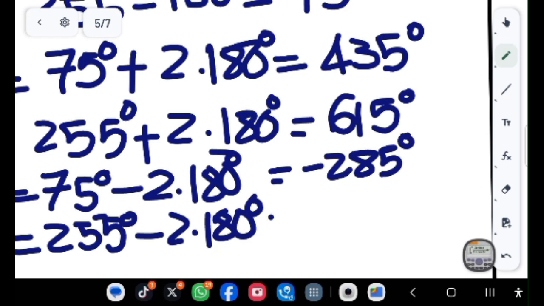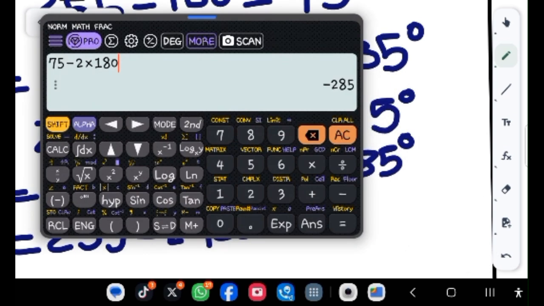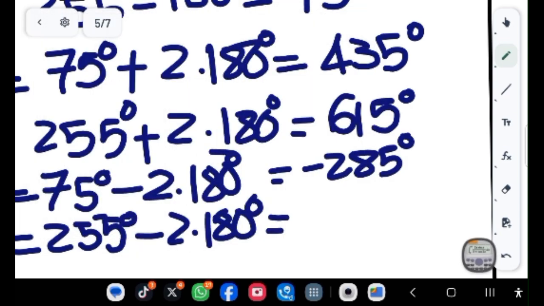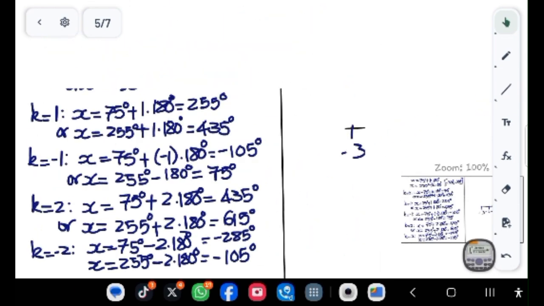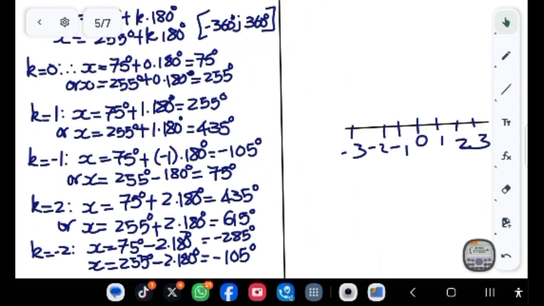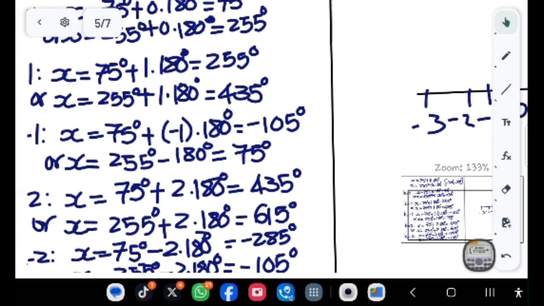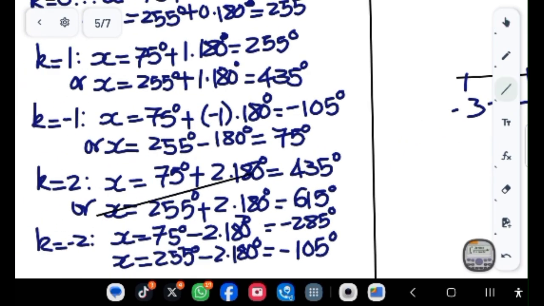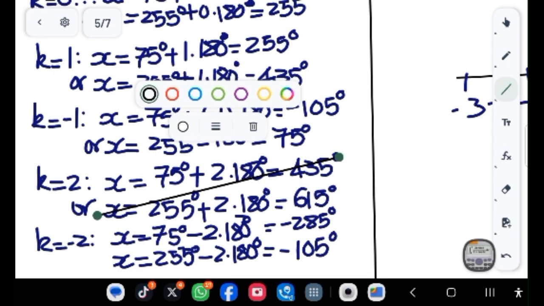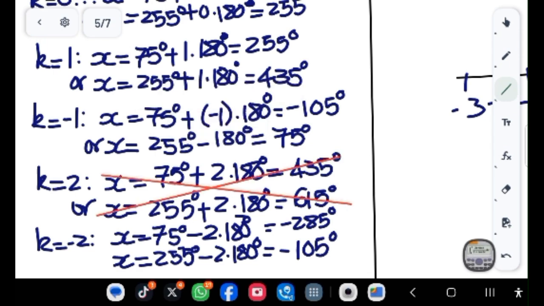And this one, 255 minus 2 times 180, gives us -105 degrees. We can look for k equals 3, but you can see going through k equals 3 will be a waste of time, because k equals 2 is already outside of the restrictions.